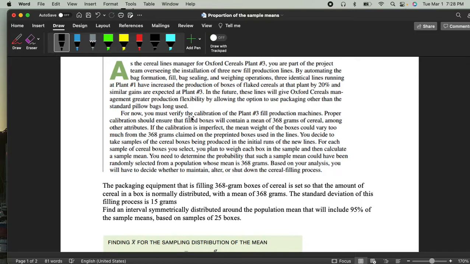By automating the bag forming, filling, bag sealing, and weighing operations, 3 identical lines running at plant number 1 have increased the production of boxes of flake cereals at that plant by 20%, and similar gains are expected at plant number 3. In the future, these lines will give Oxford Cereals management greater production flexibility by allowing the option to use packaging other than the standard pillow bags long used.